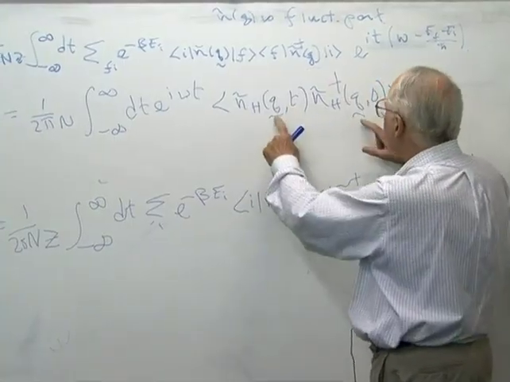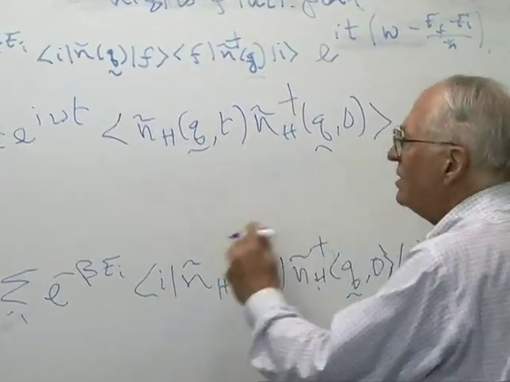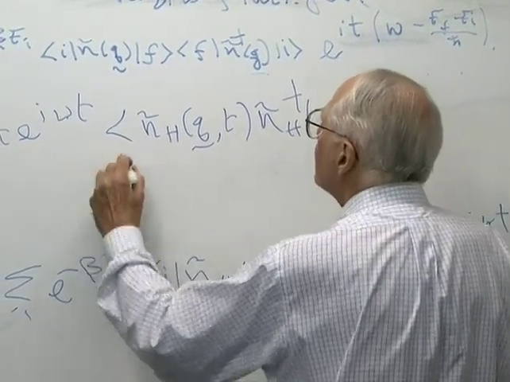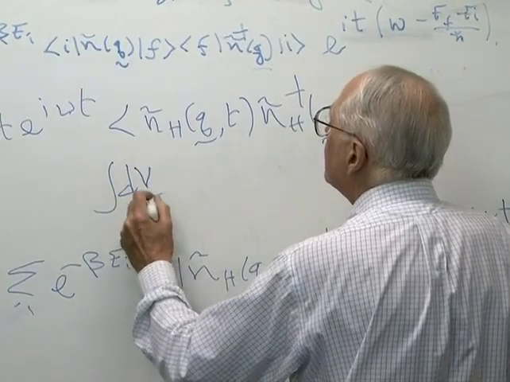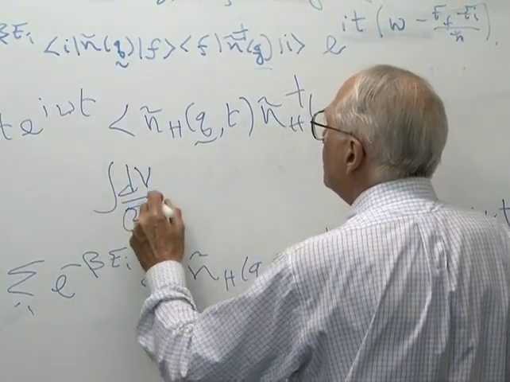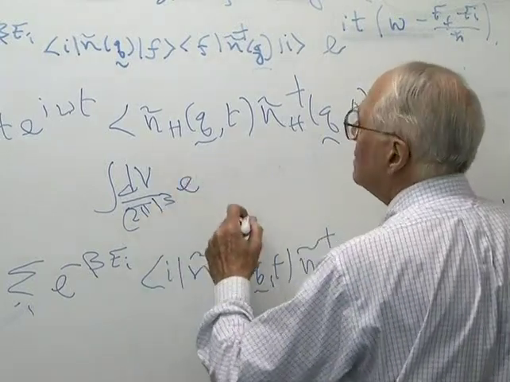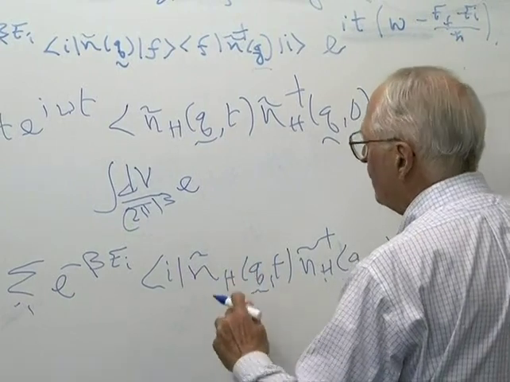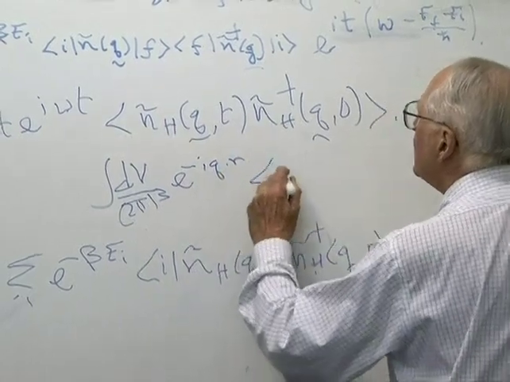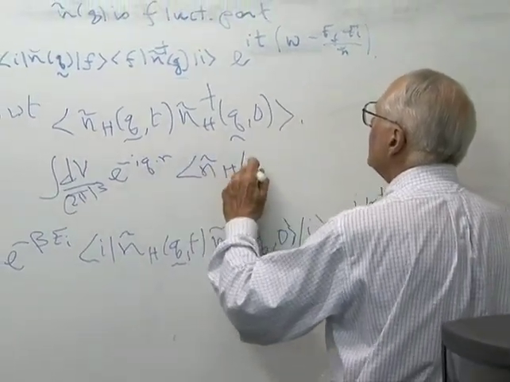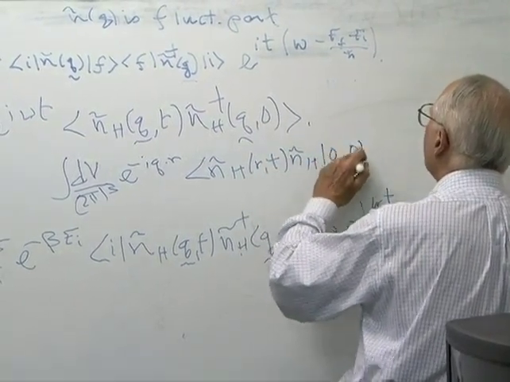And if you remember, because of the q, assuming this is a translationally invariant system, we can also write this as an integral d^3r over 2 pi cubed, e to the i omega t, e to the minus i q dot r times n_h of r and t, n_h of 0, 0.